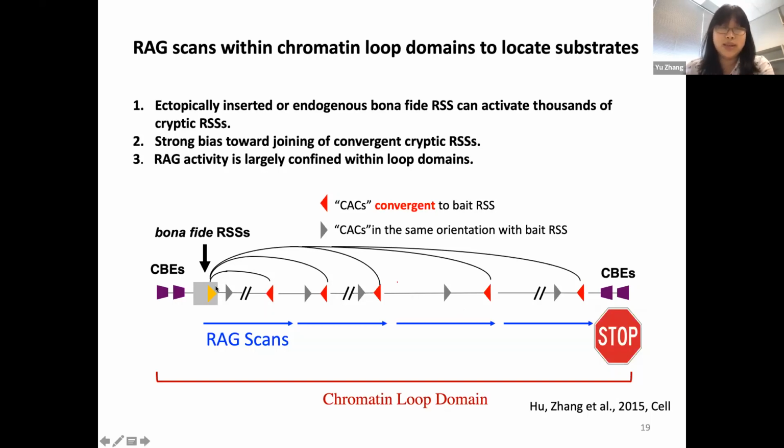And of course, it's worth noting that the frequency of convergent RSS or RSS of the same orientation is very similar in the genome. This strong bias is not due to an excessive presence of one orientation of CACs versus the other.